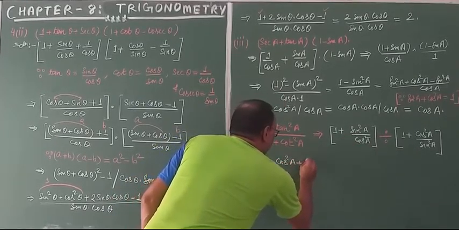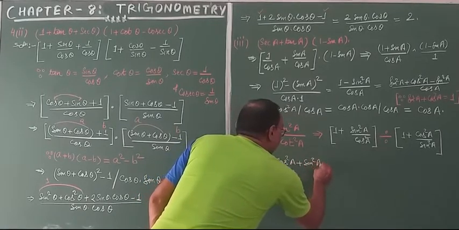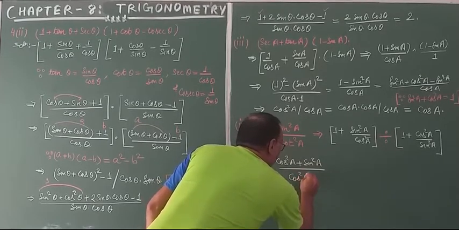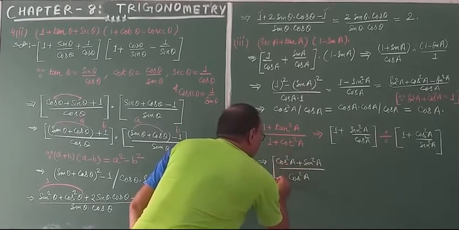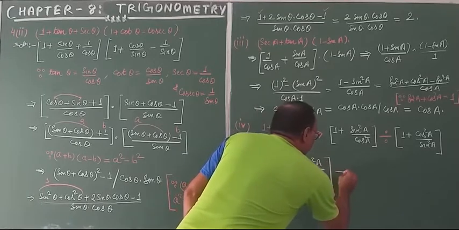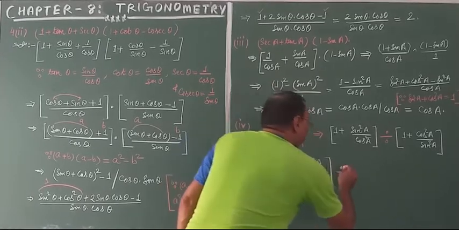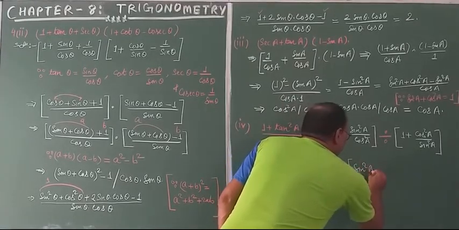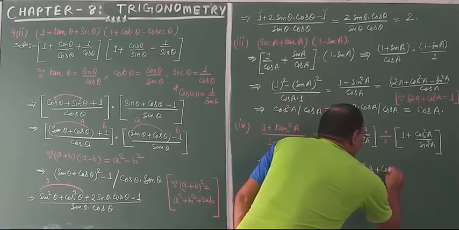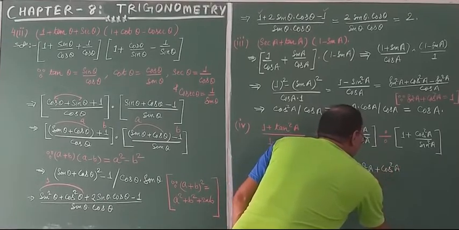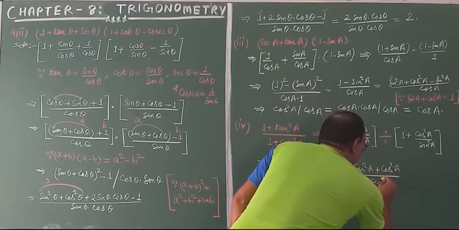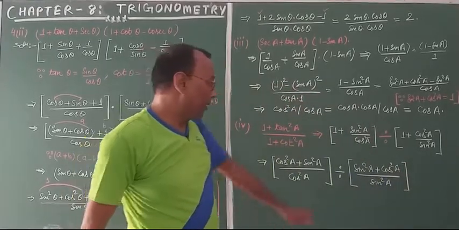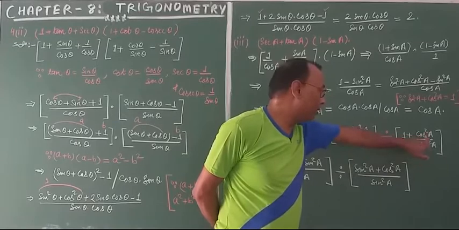Cos square A plus sin square A divided by cos square A. This is divided by, again taking the LCM, sin square A plus cos square A upon sin square A.